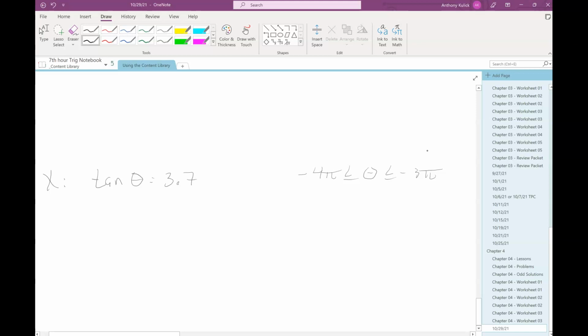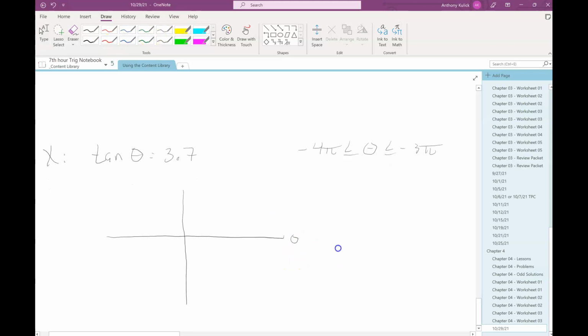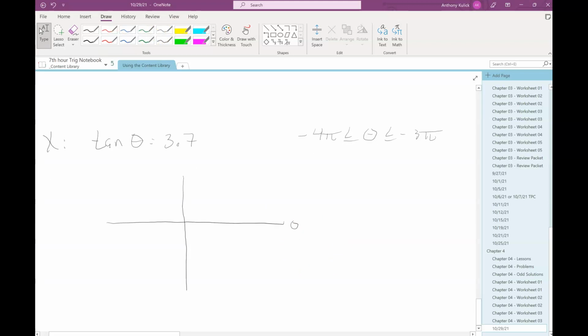So let's say we want to find tan theta equal to 3.7, where theta is between negative 4 pi and negative 3 pi. We'll start the same way. Starting at 0, because we're talking about negative angles, this time we're going clockwise.